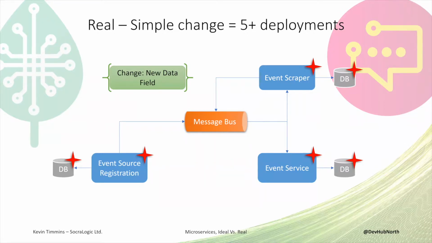And considering that with each of these deployments, maybe you could isolate each deployment so you're only doing the event source registration and its associated DB change first, and then maybe the event service and its associated DB change, and so on. But that's still a lot of risk that we've suddenly found ourselves exposed to because of this microservice architecture. So we need to figure out a way of solving that, really.